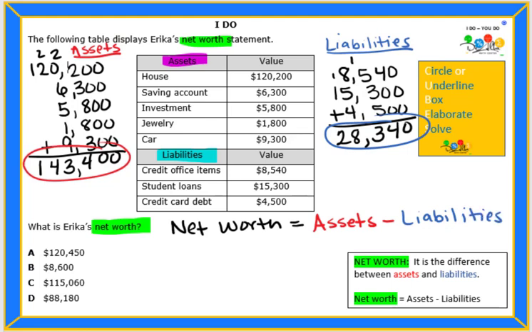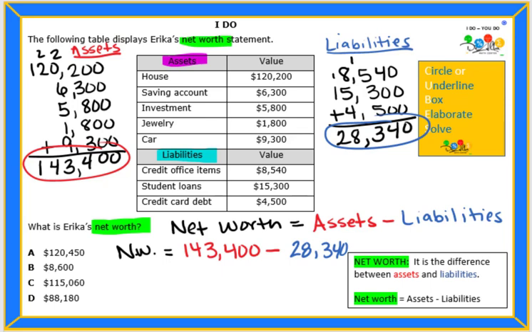So for us, we're going to have to do 143,400 minus 28,340.